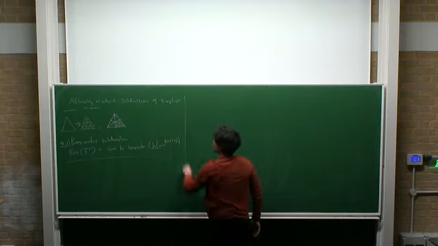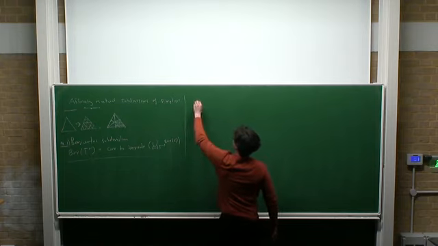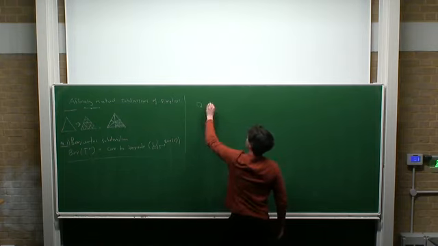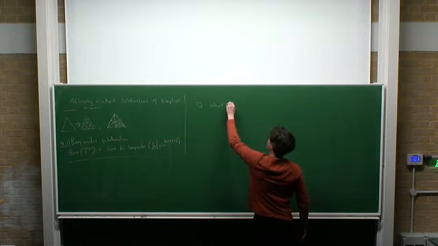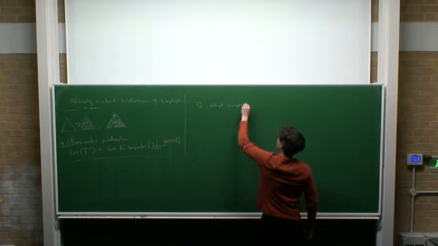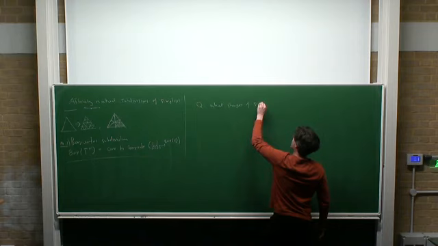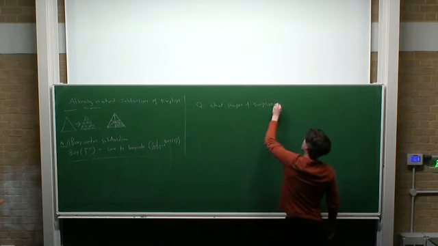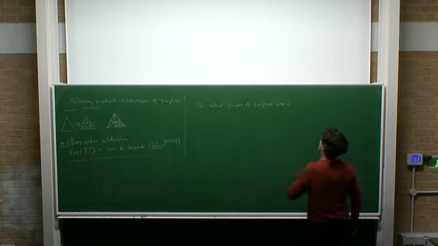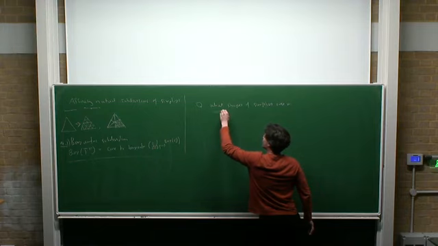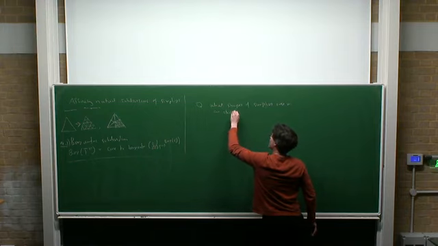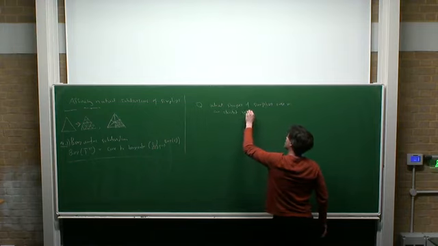So the main question is what shapes of simplices lie in iterated subdivision.